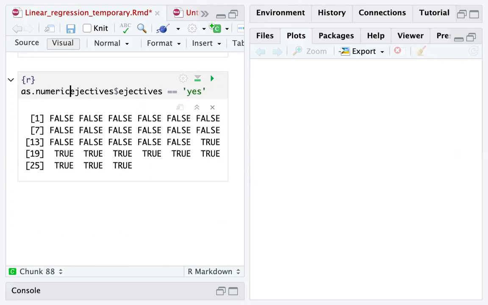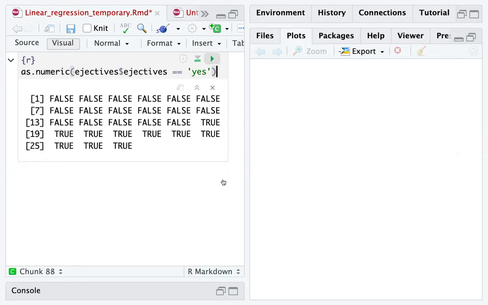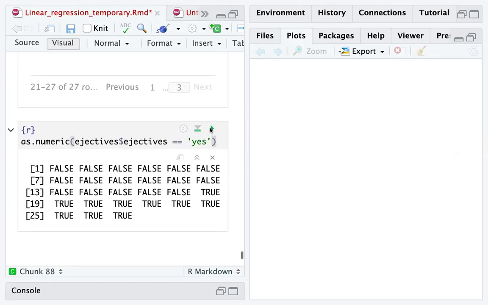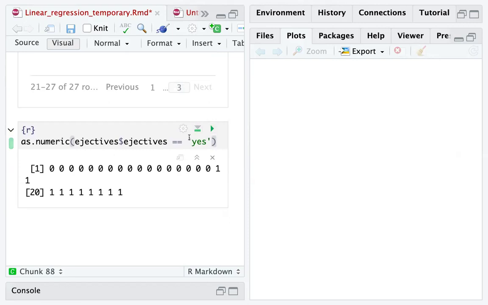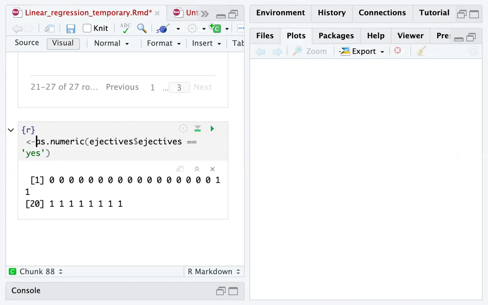And we can make them numbers by imposing them to be numbers. So a false is 0 and a true is 1. So now we can save this variable into is.